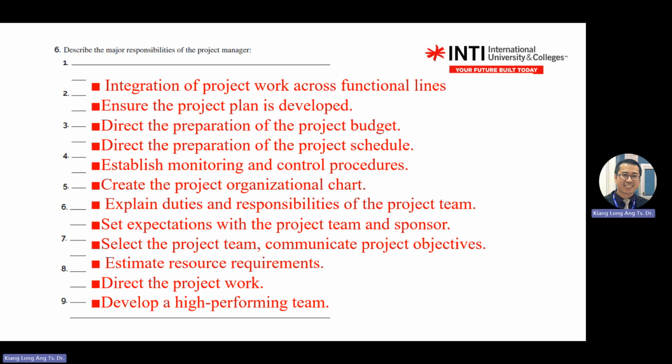So integrate project work across functional lines. Ensure the project plan. You direct the preparation of the budget. You are not the one doing the budget. You are leading. It means you ask the functional units, for example finance or production or R&D. They give you a budget, then you compile.